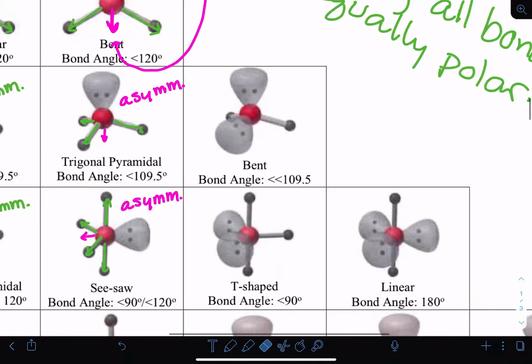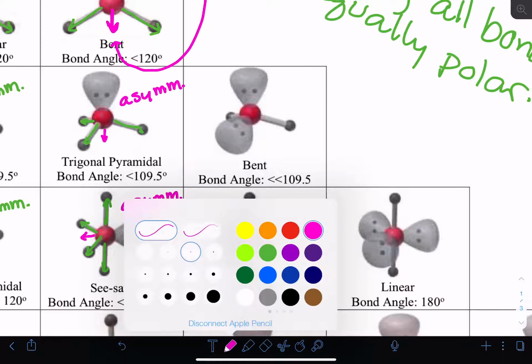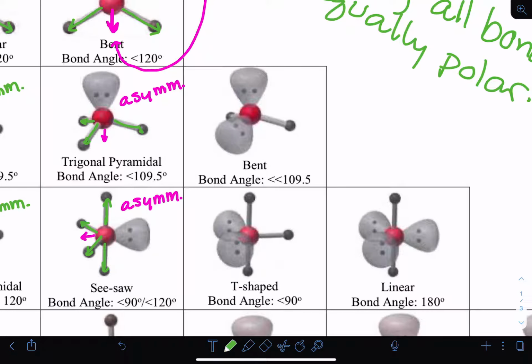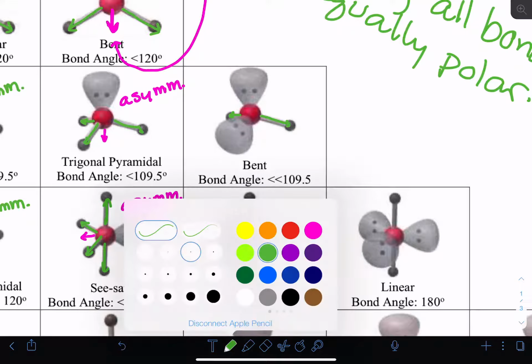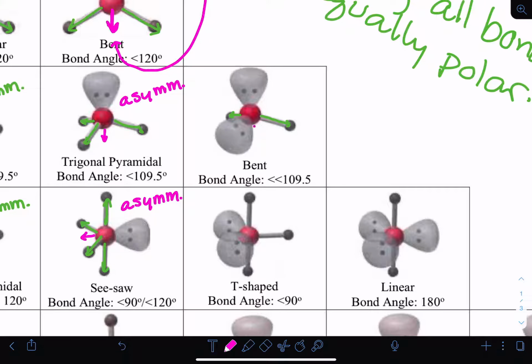Moving on over. The angle of this one's weird, but we have this bent geometry. These bonds are drawn both kind of pointing towards the back, which is a little bit difficult to draw, but we have a slight dipole going in that backwards direction, since there are no bonds pointing towards the front.